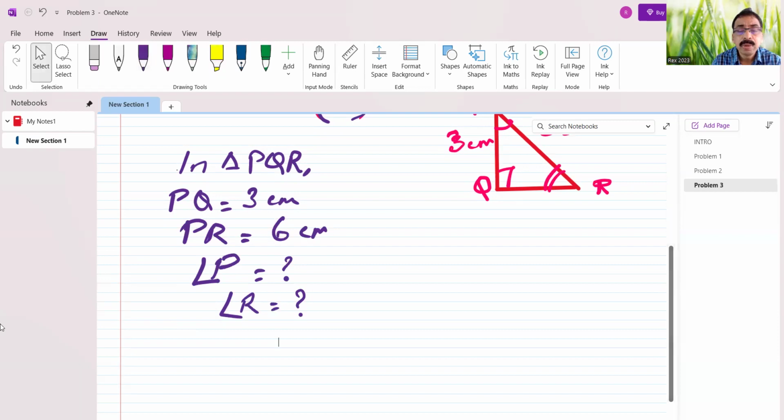So let's see how we're going to approach this kind of question where you have two sides given and two angles to find.